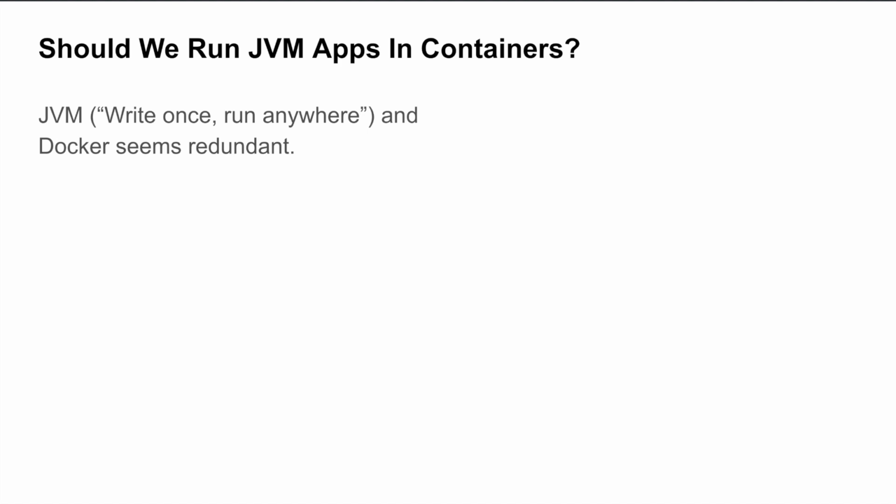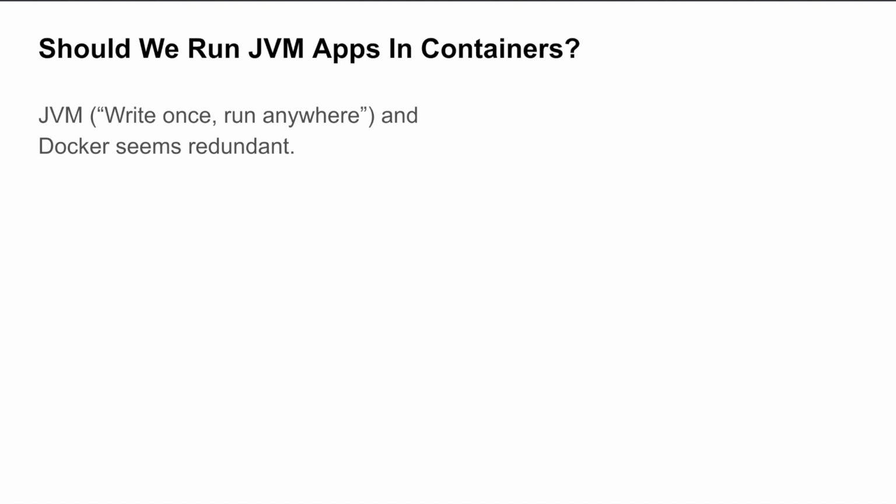one of JVM's main features is this idea of portability, that I can write my Java or Scala app once on my computer and run it anywhere on any other computer as long as the JVM is installed. But when Docker gets introduced to this equation, that benefit of portability that a JVM language provides is not really that big of a deal anymore.